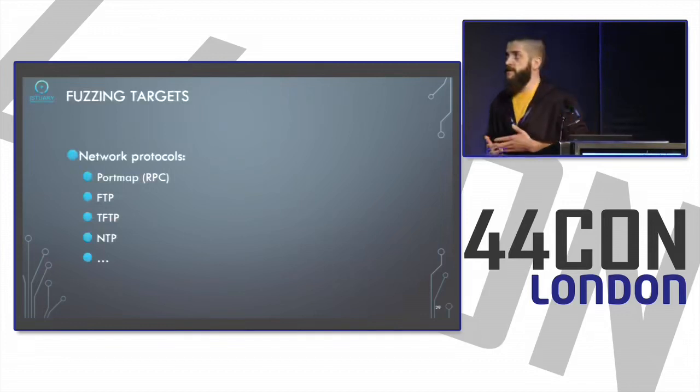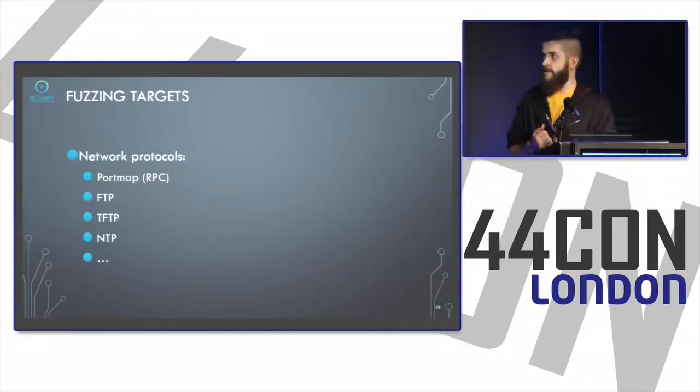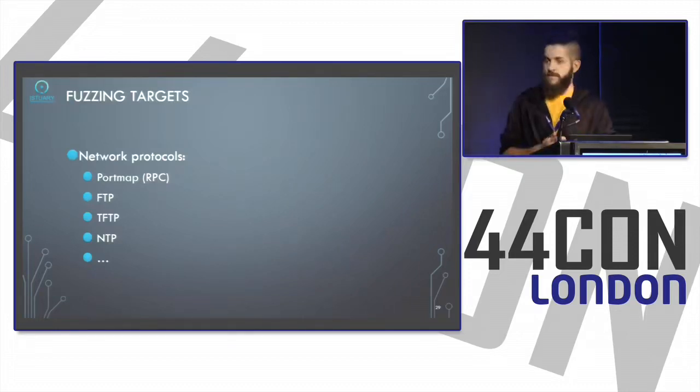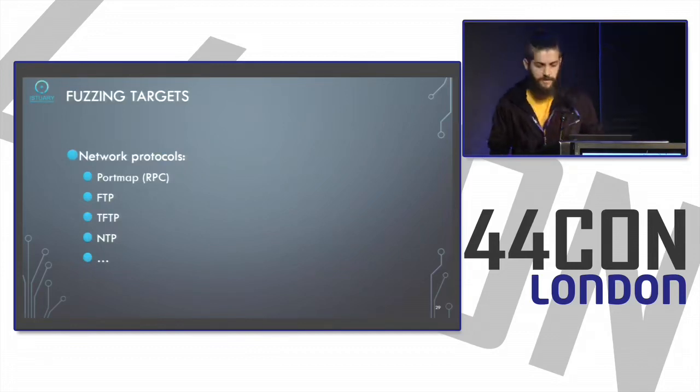We did this project because one customer asked us to do a pen test on VxWorks versions 5 and 6, and he provided us some pre-configured OS images and tools with some network protocols activated. First portmap, FTP, TFTP, and NTP, and other protocols as well. So we did some fuzzing on it.